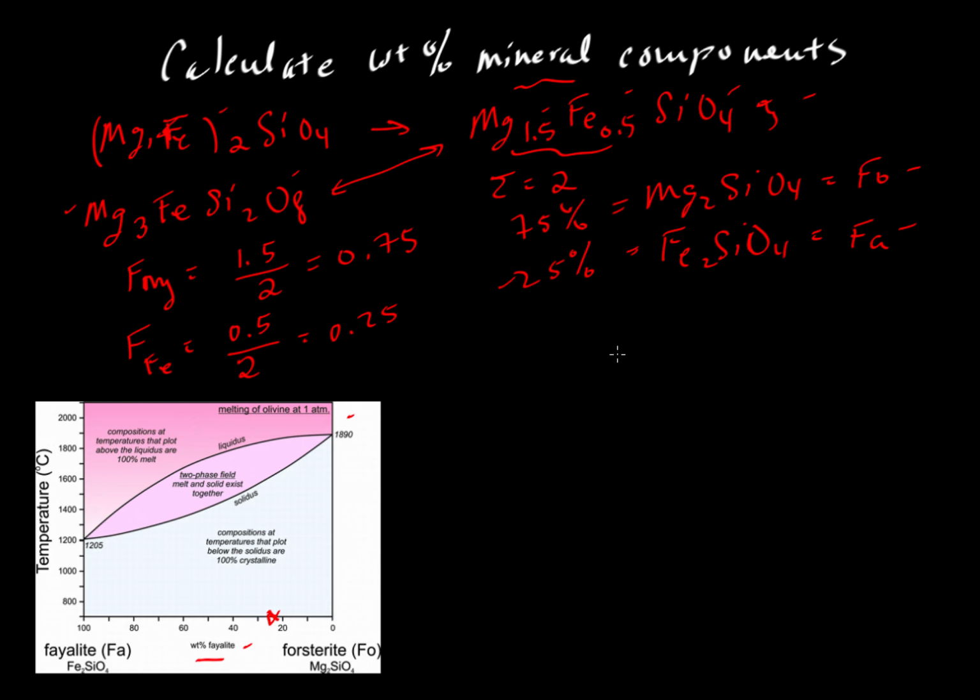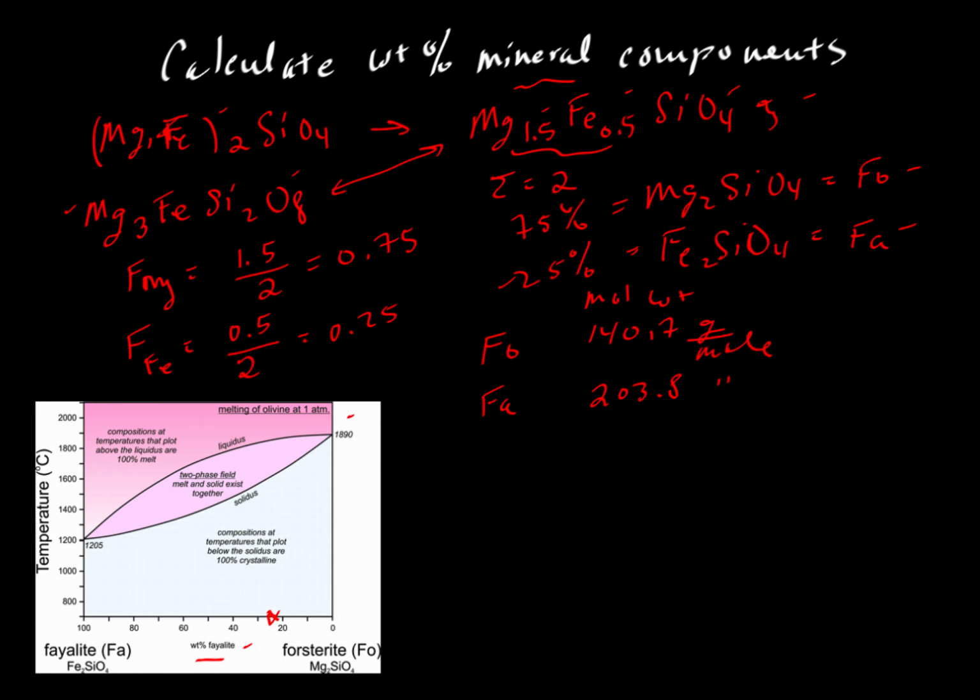So how would we do that? Well, we would take the molecular weights of forsterite and fayalite. For forsterite, let's write the molecular weight here. The molecular weight is about 140.7 grams per mole. And then for fayalite, the molecular weight is about 203.8, also in units of grams per mole.